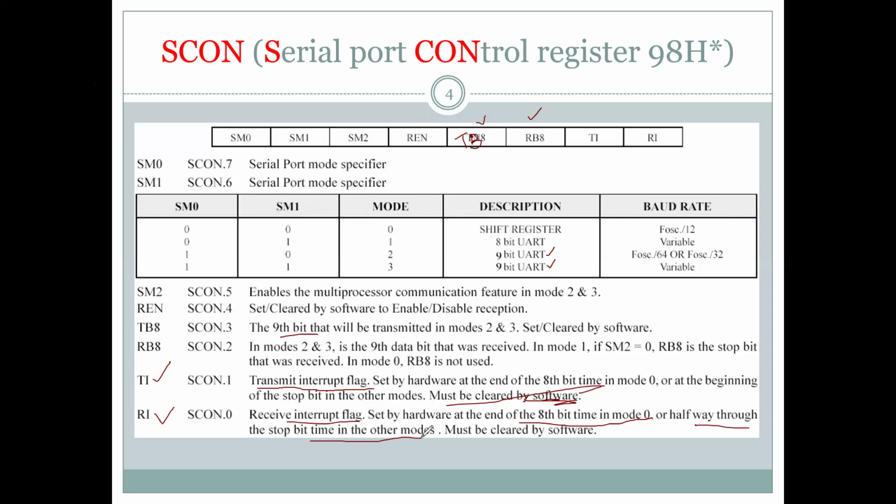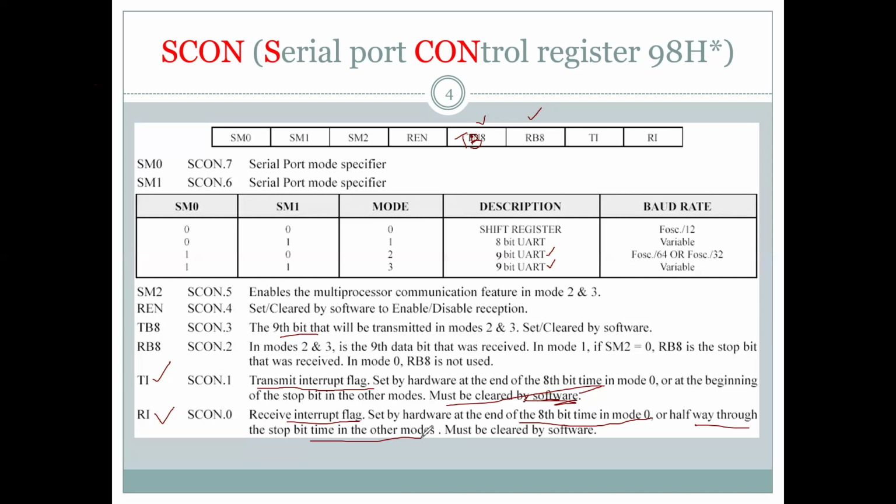Until it does, the UART cannot proceed with the transmission. How does the UART know that the next data byte is ready? Upon observing the flag TI: whenever TI is cleared by the CPU, the UART knows that SBUF is ready with a character, and then it can start transmission. So to avoid unwanted data transmission, TI has to be cleared by the CPU.